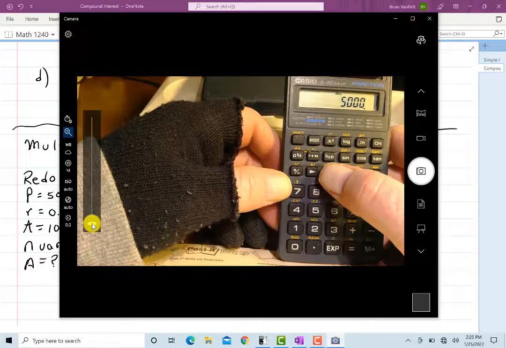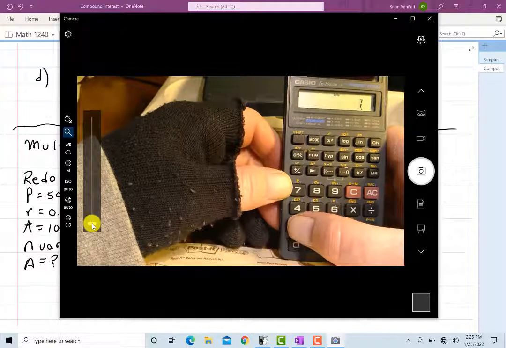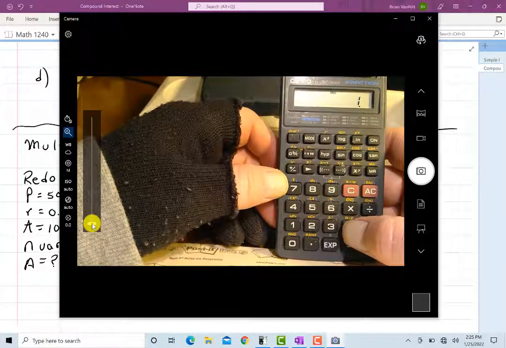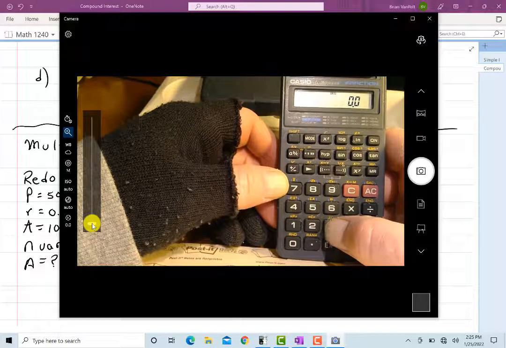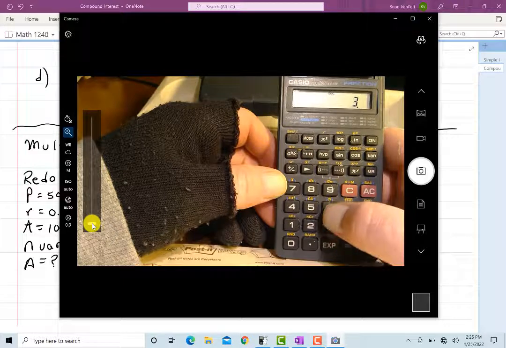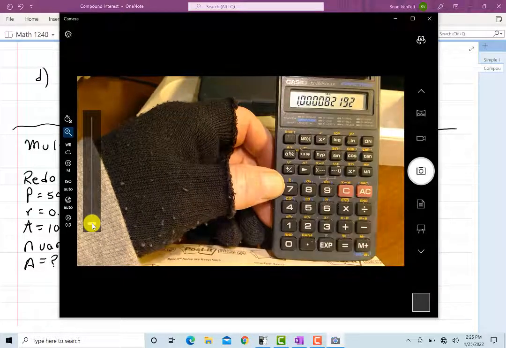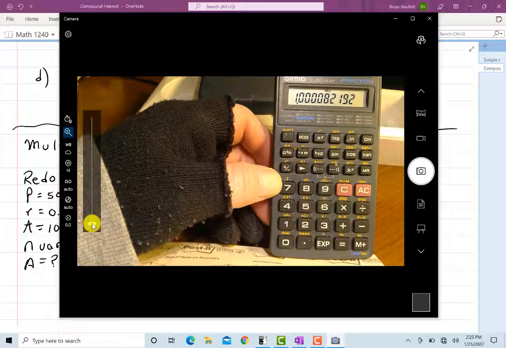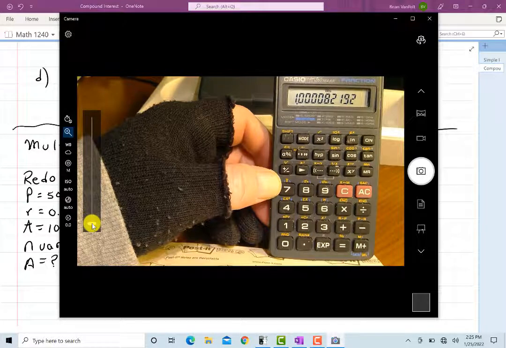I'm going to try it without the times and see what happens. It didn't complain, so 1 plus 0.03 divided by 365, finish the parenthesis. Now this is what I was talking about. Your calculator here, if you look at it, it looks like I have 9 decimal places of accuracy.